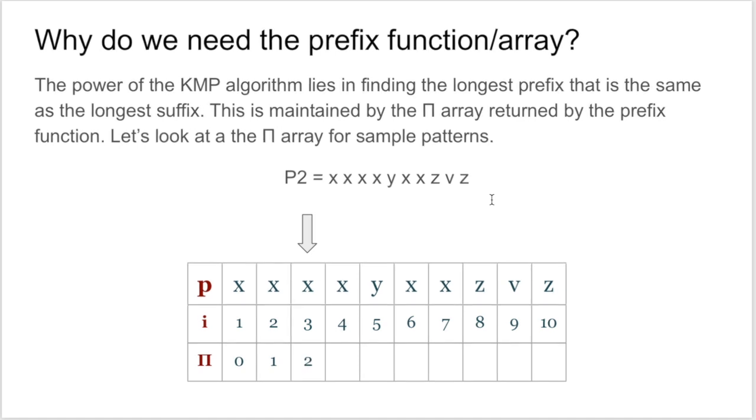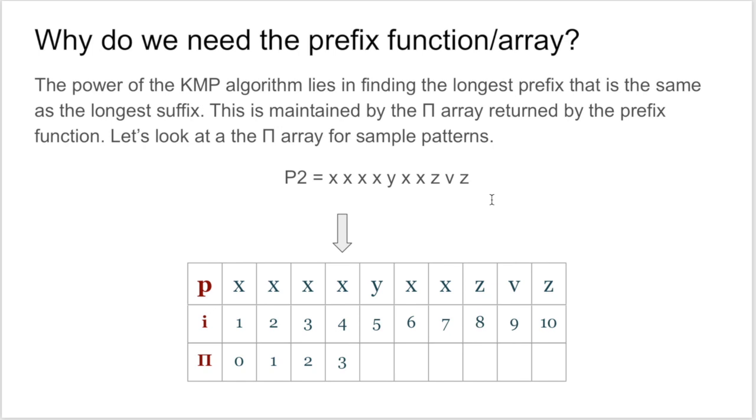Once again, now if I look at the substring XXX, then my prefix of XX matches the suffix of XX, hence I would increment the value from the previous index by 1 and assign it to the third index. The same process repeats, and now my prefix substring XXX matches the suffix substring XXX, giving me a match of length 3.